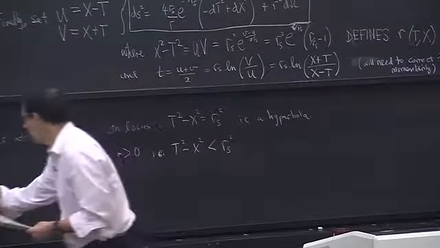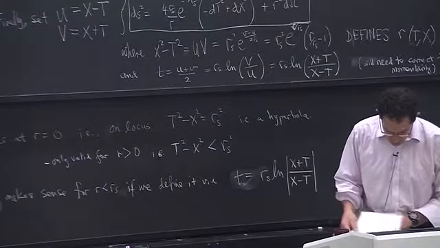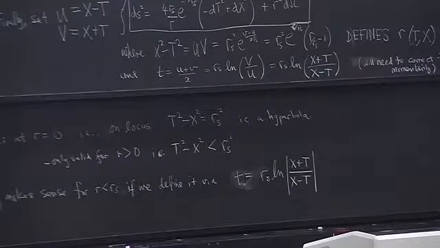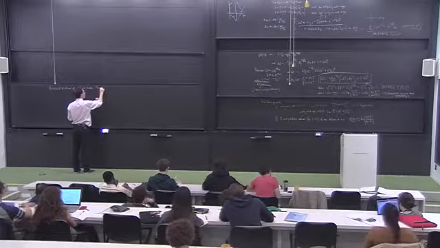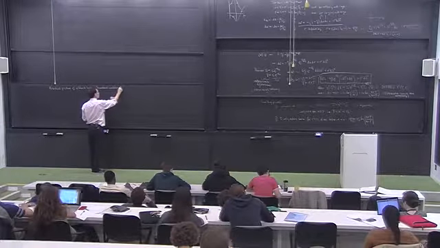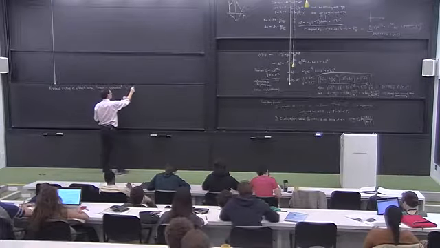Okay, so now let's make a picture of this metric, of this space-time, I should say. It's called the Kruskal picture of a black hole, also known as the maximal extension of Schwarzschild.